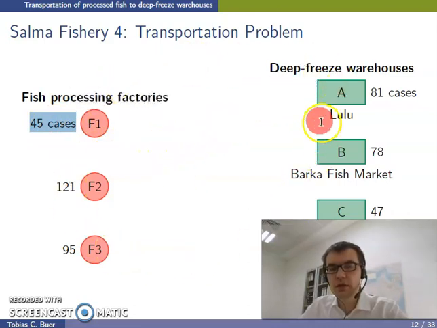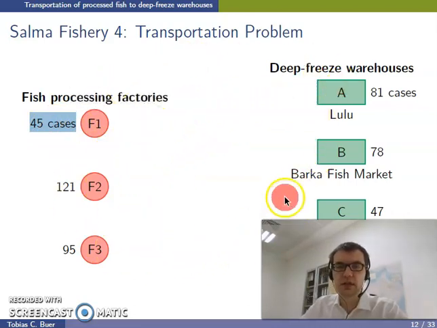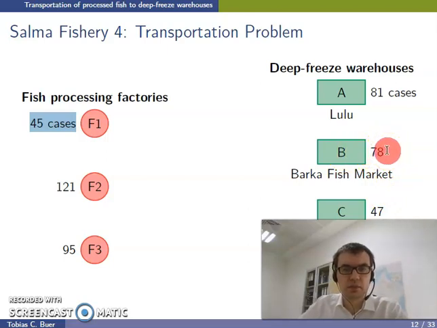This drawing represents the situation of a single day. On the right side, I have drawn the deep freeze warehouses as green rectangles, and I have drawn the demand of each warehouse in number of cases. So the Barca fish market B requires 78 cases each day.